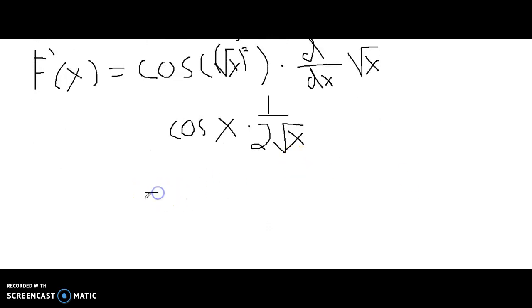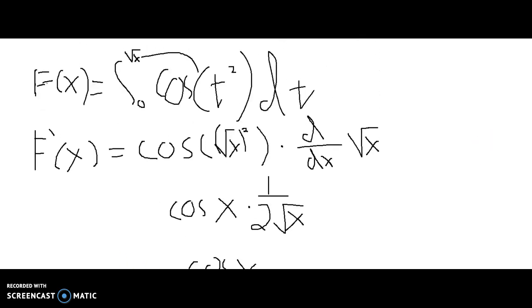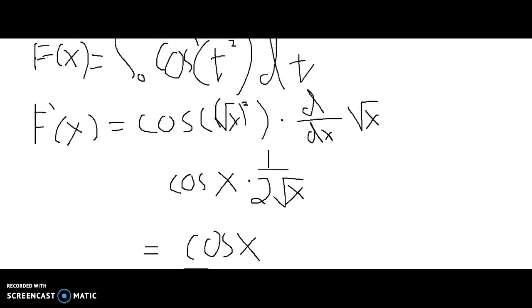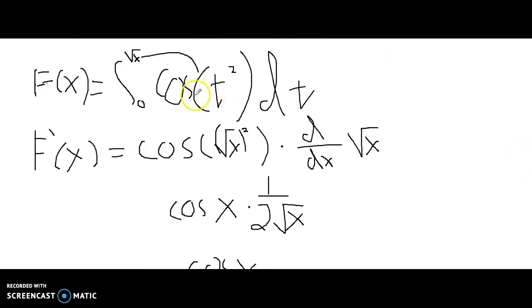So what we wind up getting is cosine x over 2 root x for this second theorem of calculus. And to be honest, that should be about it for the first and second theorem of calculus. Both important concepts to know, but also relatively easy to understand.